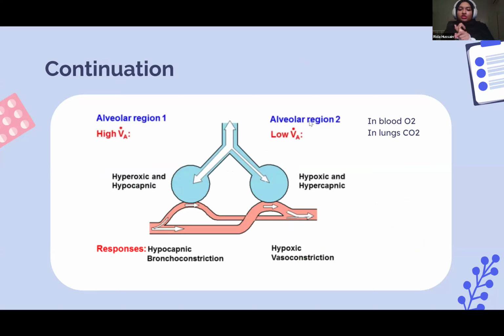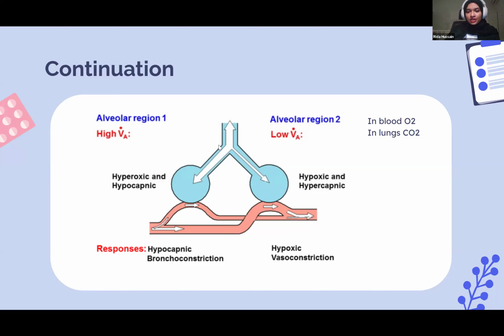But I want you guys to focus on blood. The blood vessels are controlled by oxygen, and in the lungs, the bronchioles and the alveoli, their constriction is controlled by carbon dioxide. So in blood, what happens is that there's hypoxia. The blood senses that there is low oxygen, and it causes the blood vessel to shrink up and give the blood to areas that have more ventilation.